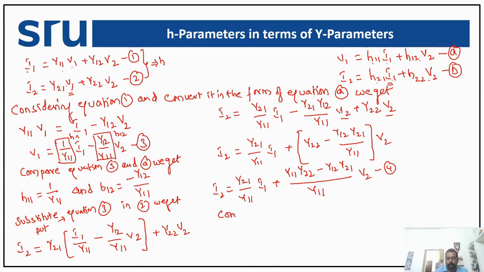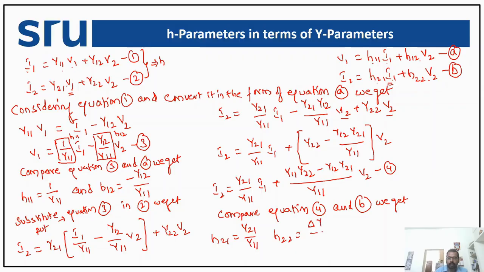Now compare equation 4 and B. We get H21 is equal to Y21 by Y11 and H22 is equal to determinant of Y matrix by Y11.